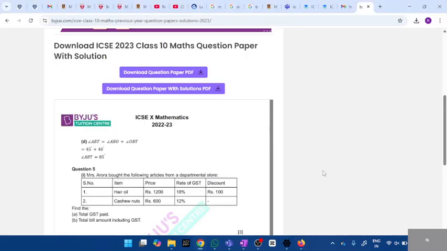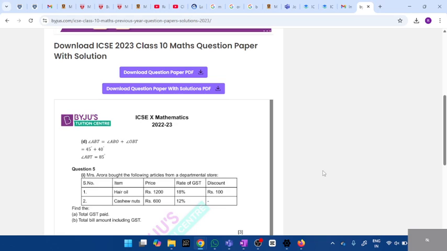Complete this question. Mrs. Arora for the following articles. There are two articles: air oil, cashew nuts. Subtract the discount. Find the GST. Calculate even CGST, SGST.